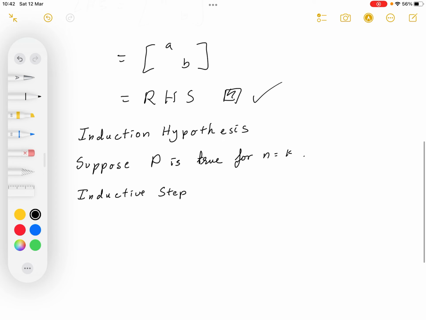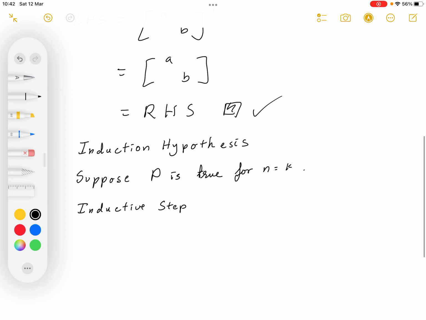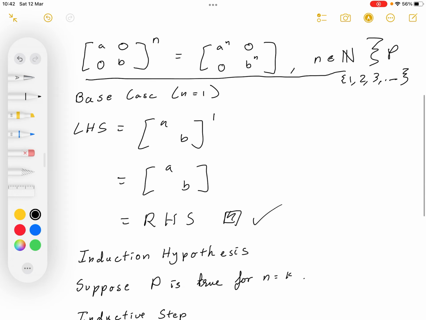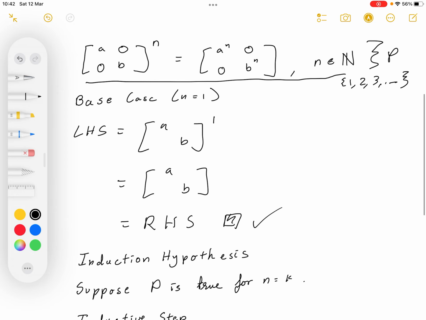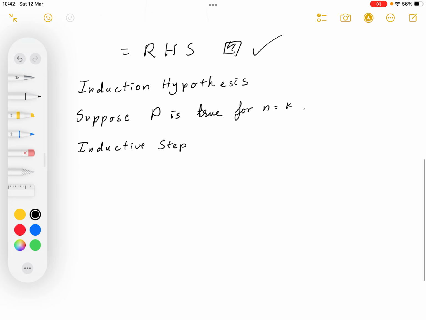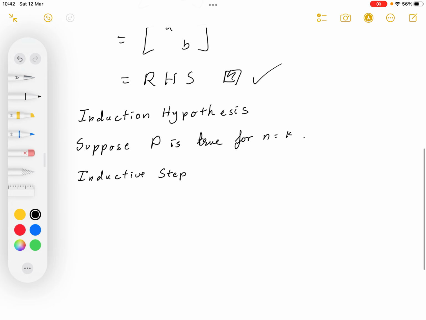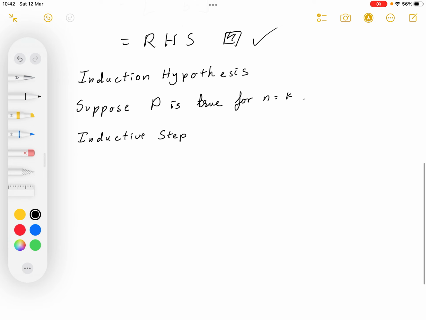In the inductive step, you need to show that P is true for n equals k plus 1. So how can we do that? Well, let's just write down (AB) to the power k plus 1.